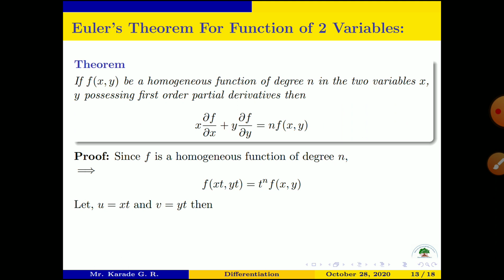Then in that condition, wherever there is xt we put u and wherever there is yt we put v. So f(u, v) = t^n f(x, y). So our equation will look like this.